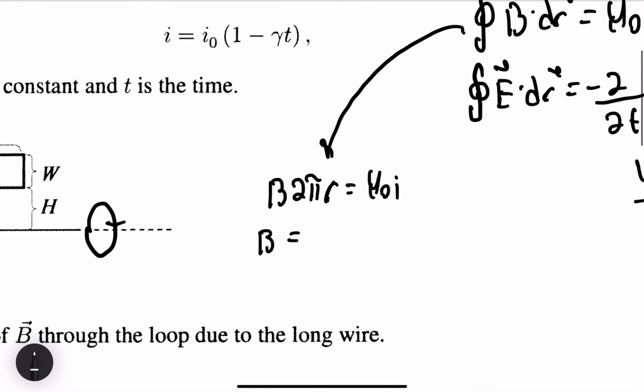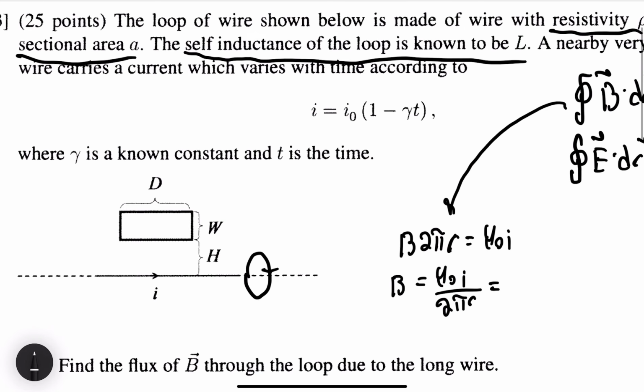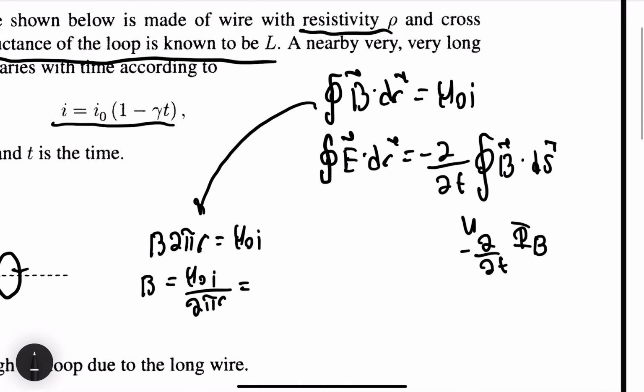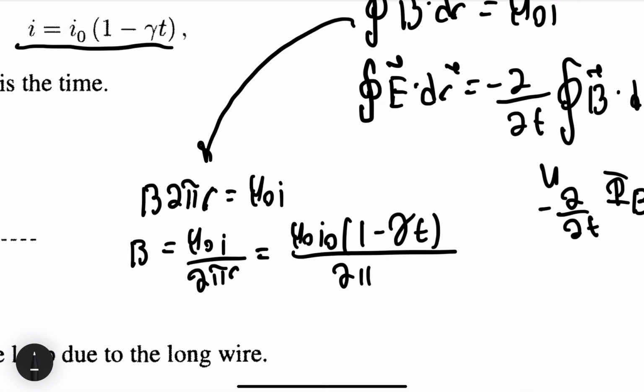So B is equal to mu naught I over 2 pi r. But the problem told us that the current generated by the wire is this, because it varies with time. So then it would be mu naught I naught (1 minus gamma t) divided by 2 pi r.